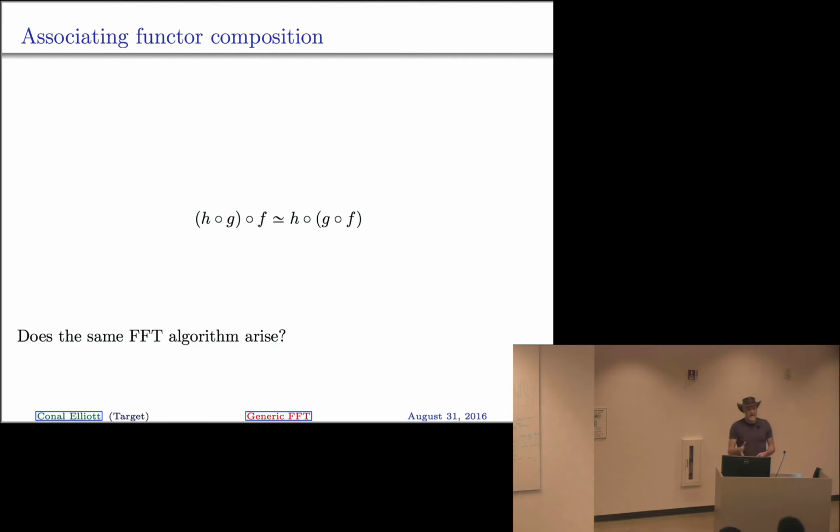Well, it does, but it does and it doesn't. The two types I'm showing here are isomorphic. They're not the same type. They're isomorphic types, which means you can interconvert between them easily. All right. So what? Are we going to get different FFT algorithms by associating differently, or are we going to get the same algorithm? Who knows? Let's find out.